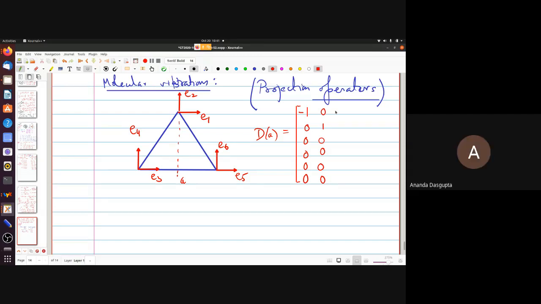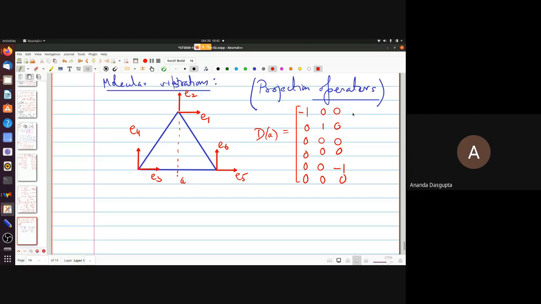No, I think you're confusing with the characters. I'm writing the matrix. I'm asking what happens to E3 when you reflect. You're definitely not suggesting that E3 vanishes when you reflect, right? Minus E5. So E3 becomes minus E5, right? So this will become 0, 0, 0, 0, -1, 0, right?